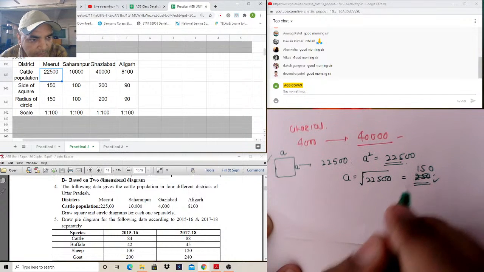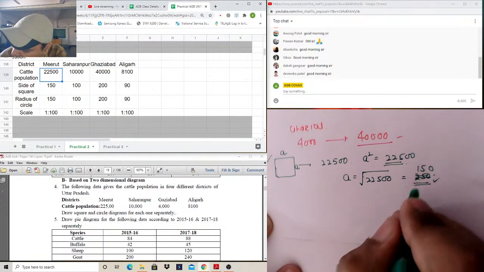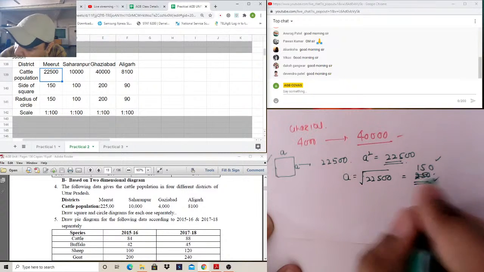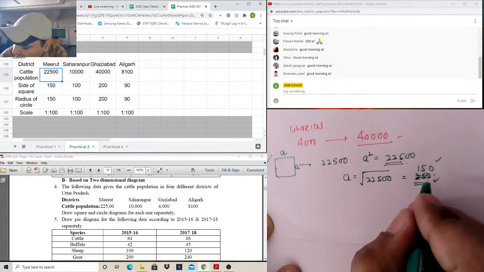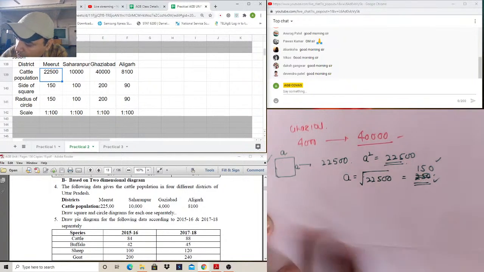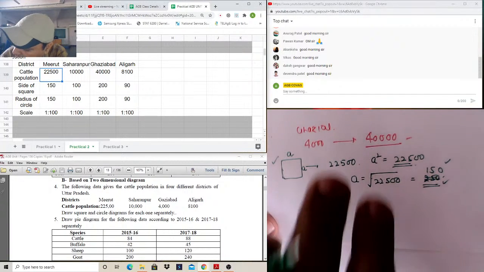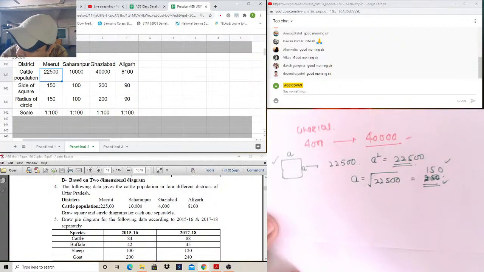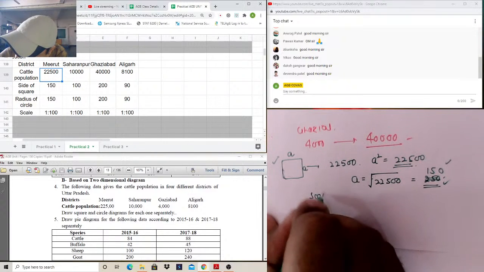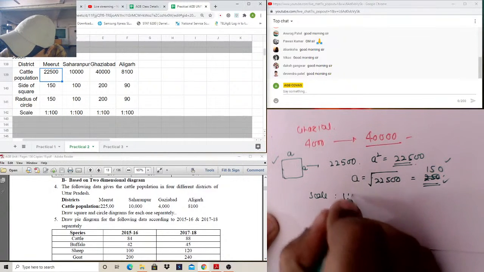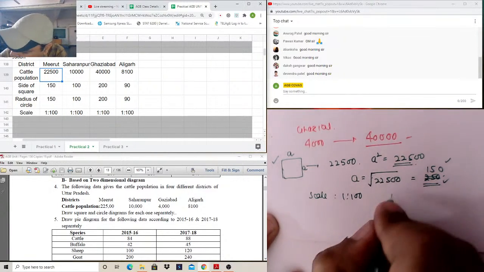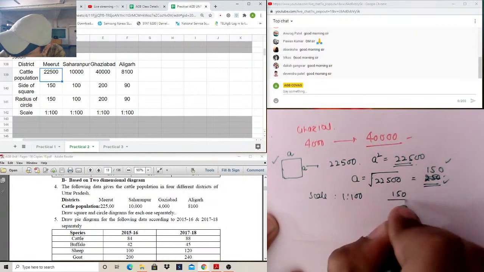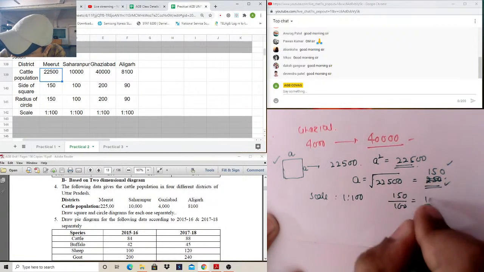Now I have to take some scale. So why am I taking a scale? If I take 150 centimeter or 150 inches, it will be very difficult to accommodate this structure on the paper. So what we will do is make a scale of 1 is to 100. So we can divide this value by 100 and it will become 1.5.